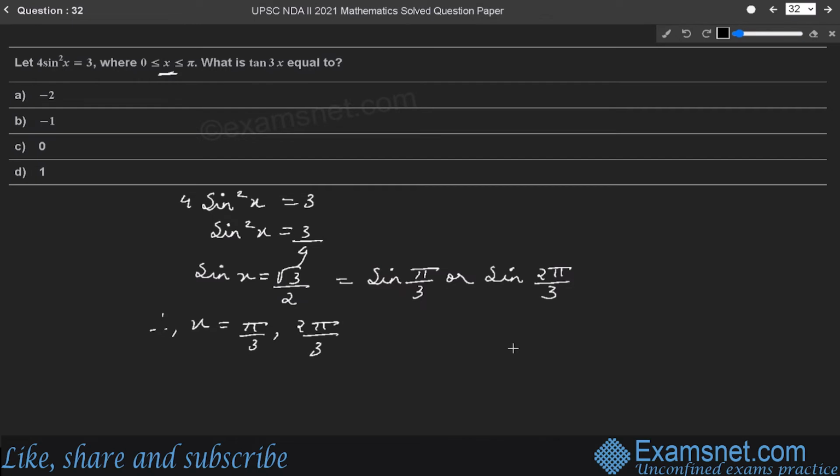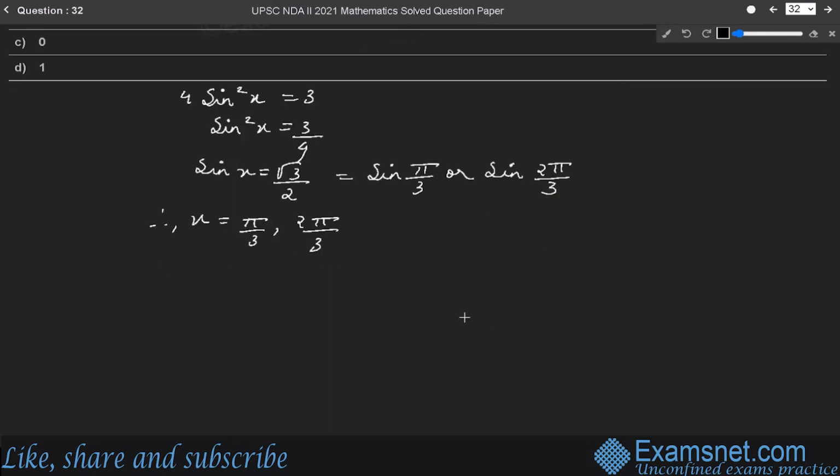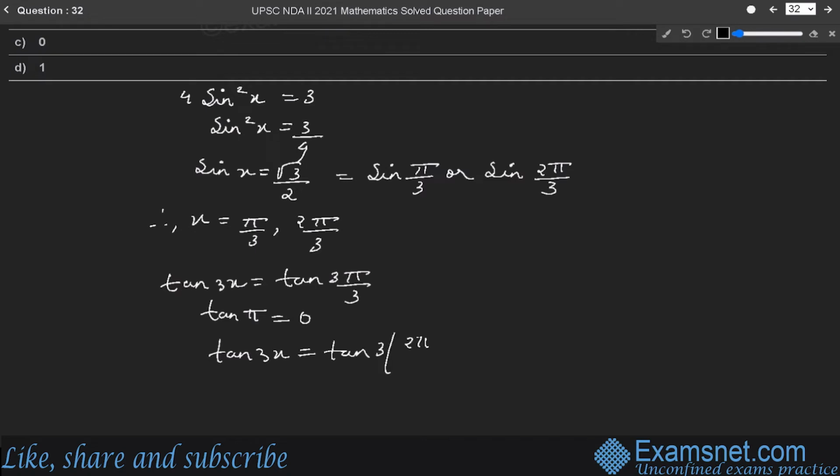Now talking about tan 3x. Tan 3x will be equal to tan 3 pi by 3, so tan pi will be equal to 0. Also tan 3x can be tan of 3 into 2 pi by 3.